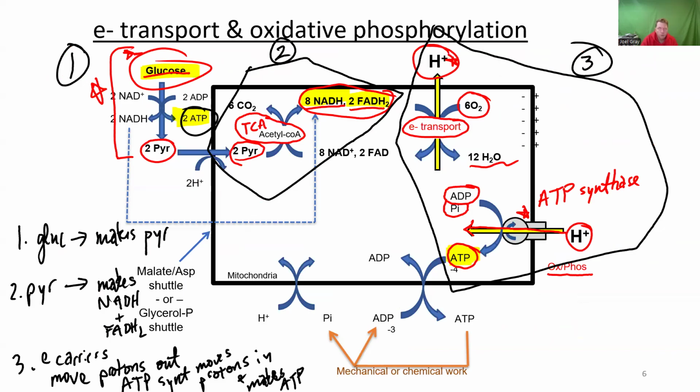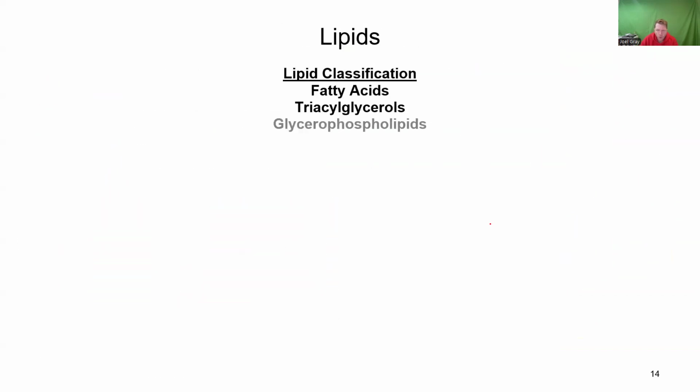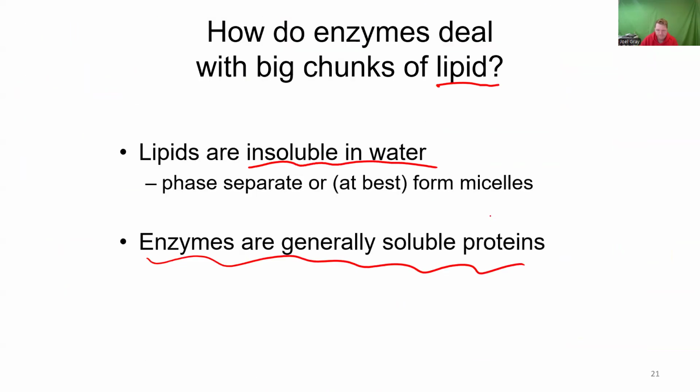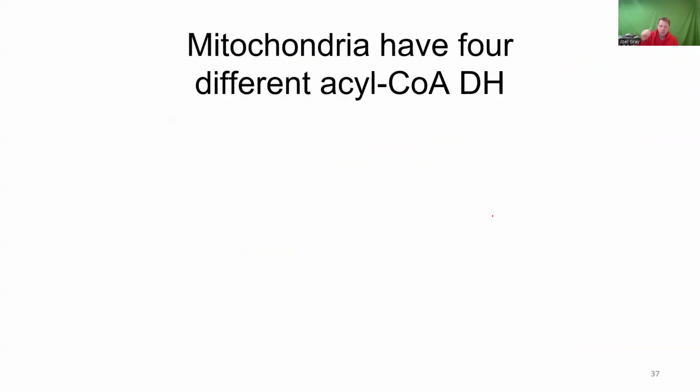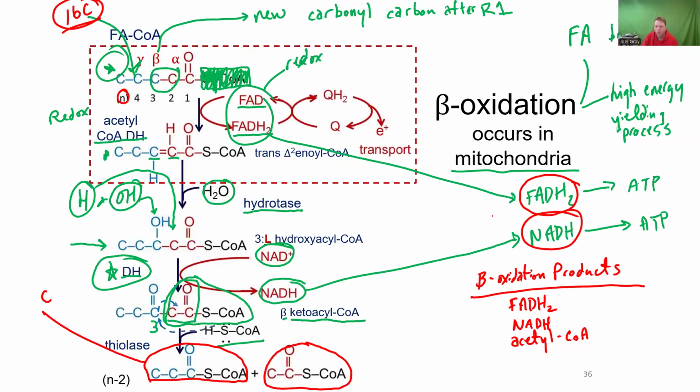Okay. So let me get this straight. From one round of beta oxidation, we directly produce one FADH2, one NADH. Okay, cool. From an acetyl-CoA, we're going to be able to plug that into the citric acid cycle, and we're going to get four NADH, one FADH2, and one ATP.